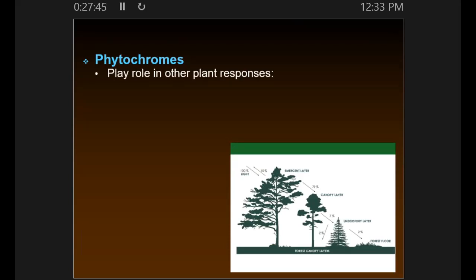So what you need to think about here is, let me go back to this. If you have sunlight energy hitting that uppermost canopy, those plants will primarily absorb red light. The phytochromes are going to be absorbing red light. The chloroplast pigments will be absorbing red light. Plants love red light for more than one reason.